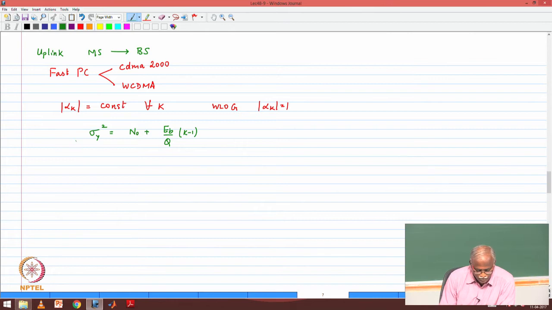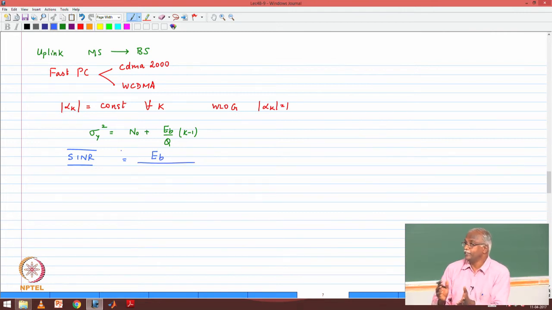So now comes the interesting calculation of SINR. What is the signal to interference plus noise ratio? EB is the signal component. The noise component, after I have taken out the mean value, this is the noise component. So this is given by N naught plus EB divided by Q into K minus 1.